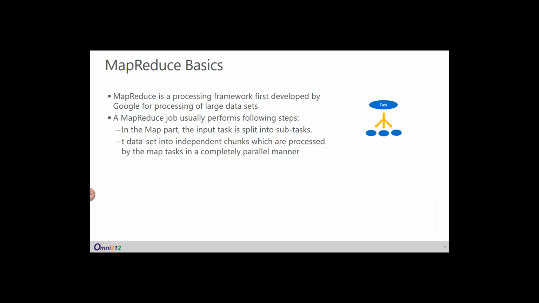Each subtask is then directed to perform the required processing on smaller chunks of data, which are processed completely independently. Once the processing of each independent node is completed, the Hadoop framework sorts the output of the maps, which are then sent as input to the reduce tasks.